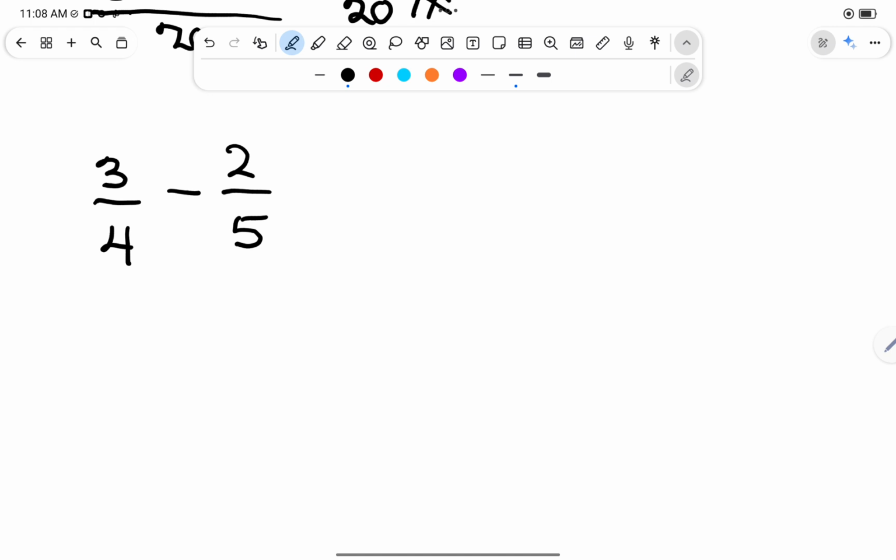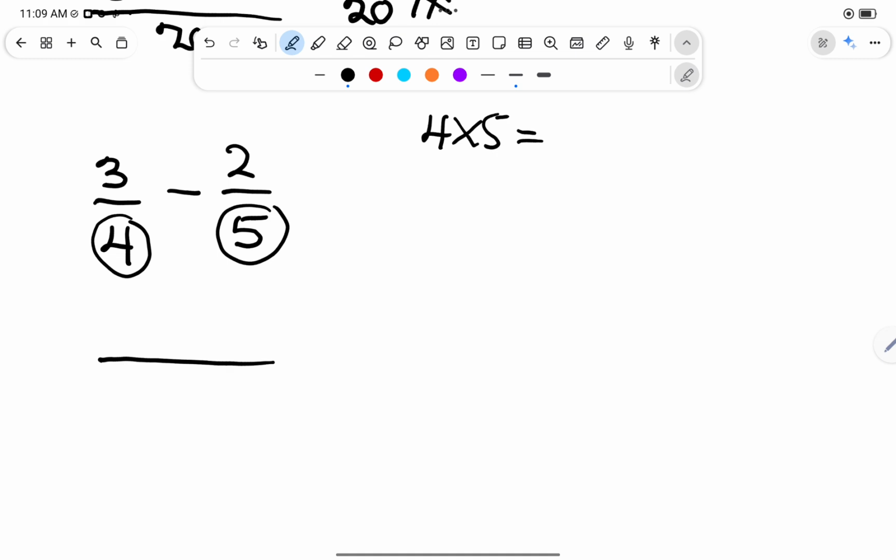Like what I did for the addition, I'm going to rule a line below those two fractions. It's the same procedure. I'm going to multiply the two denominators, 4 times 5, which, as you already know, is 20. So we put our 20 down here.